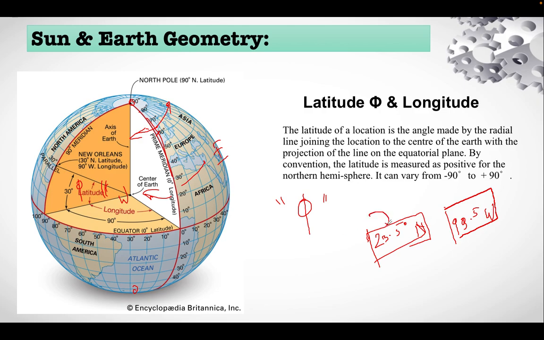This particular angle is known as the latitude angle phi. This latitude angle varies from minus 90 degrees to plus 90 degrees. Generally in the northern hemisphere we consider it positive, and in the southern hemisphere we consider it negative.